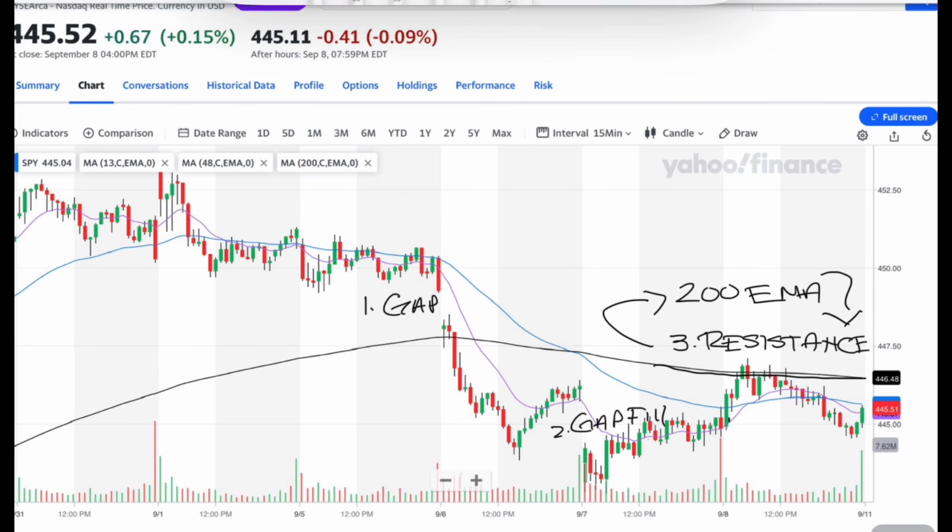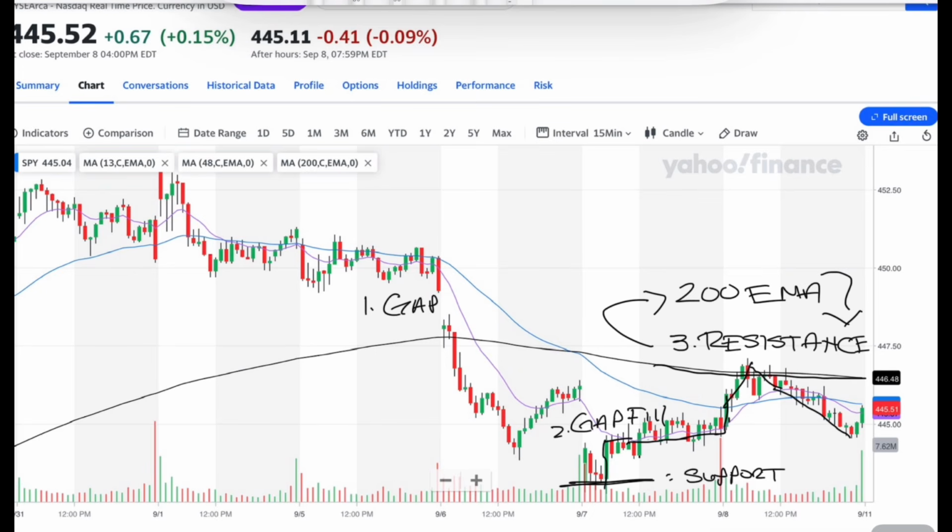Number four, something you guys should have pointed out was support was right here. This line equals support down here. As you clearly see, we bounced off of that. We bounced off of this level, made it back up here. We made a bull flag, went up, got rejected at resistance, and came down.